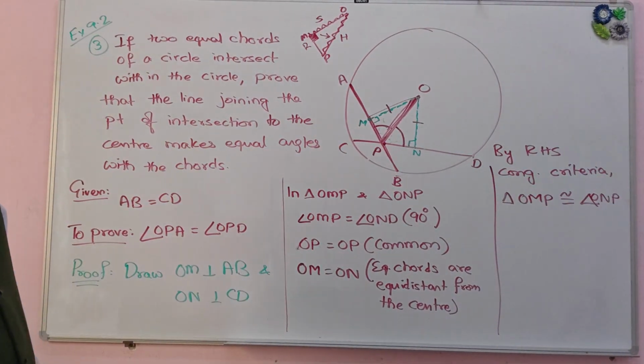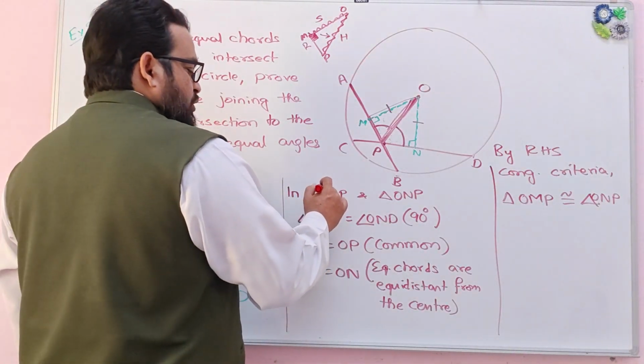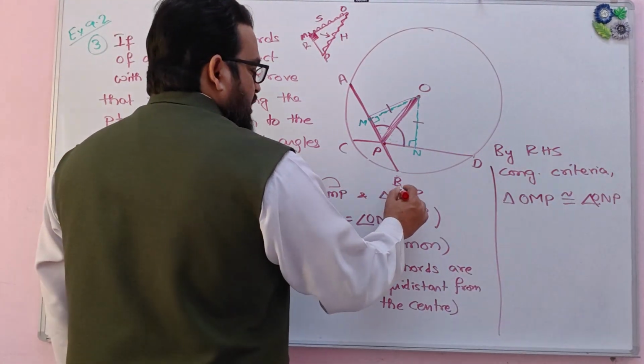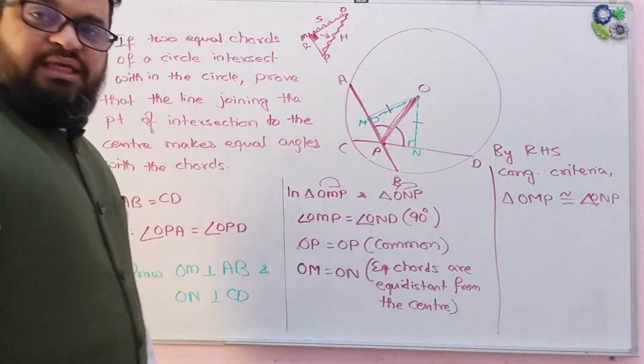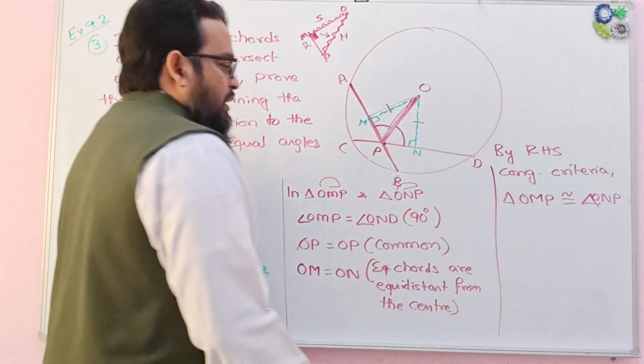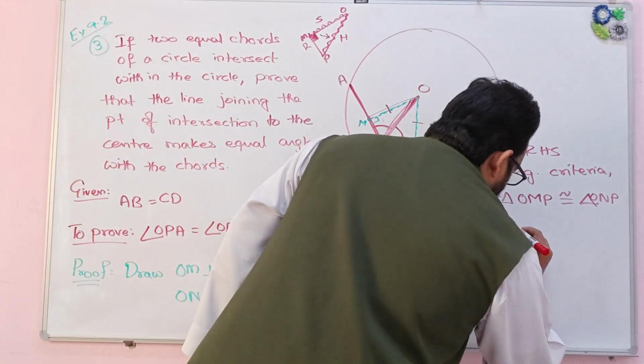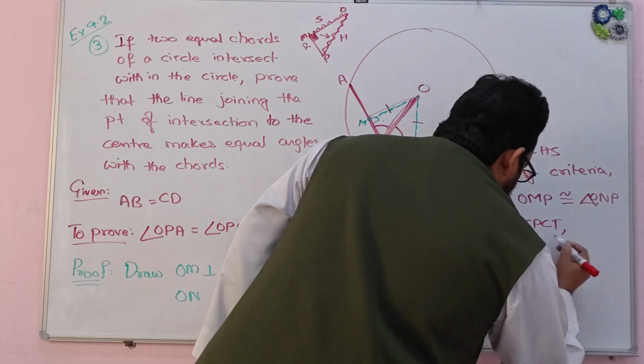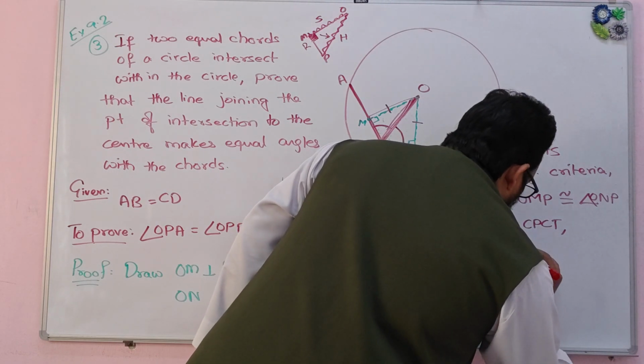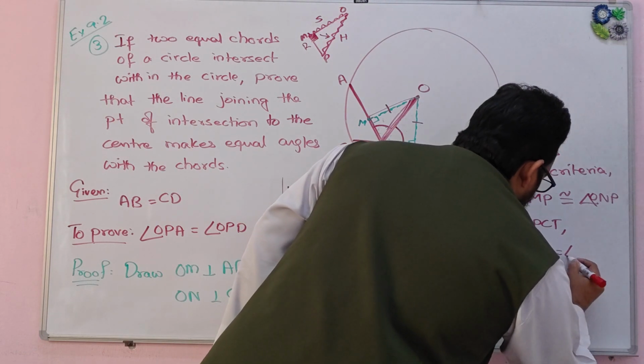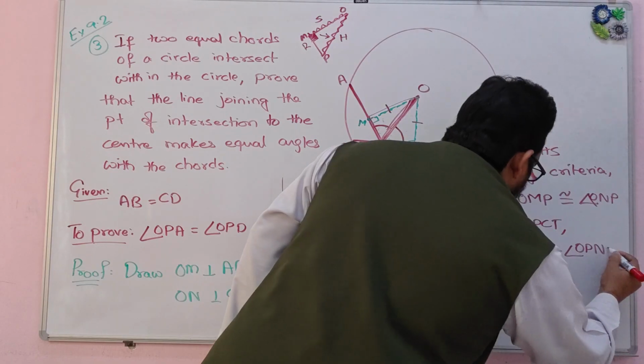When these two triangles are congruent, what do you say about angle OPM and OPN? Are they equal? Yes sir, they are equal, because by CPCT angle OPM is equal to angle OPN.